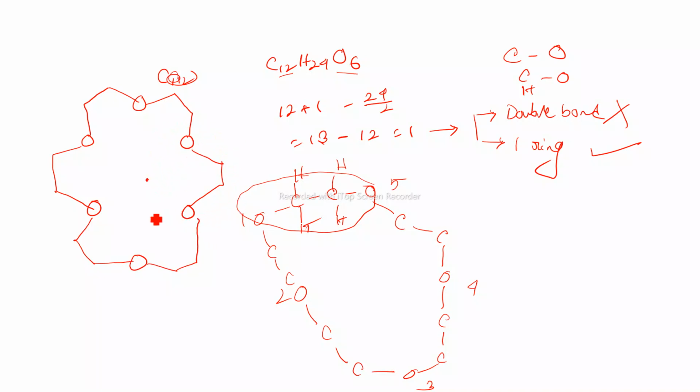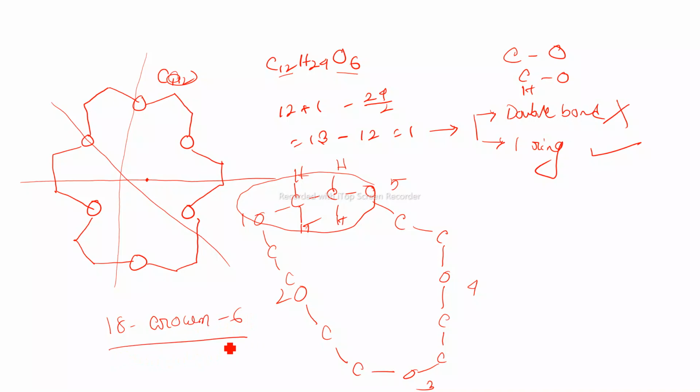Due to that, all the rotations are possible. You can place a sigma plane here, and you can rotate this molecule. Many sigma planes are there, see? So the structure is 18-crown-6. Is it clear, I hope? Yes, sir.